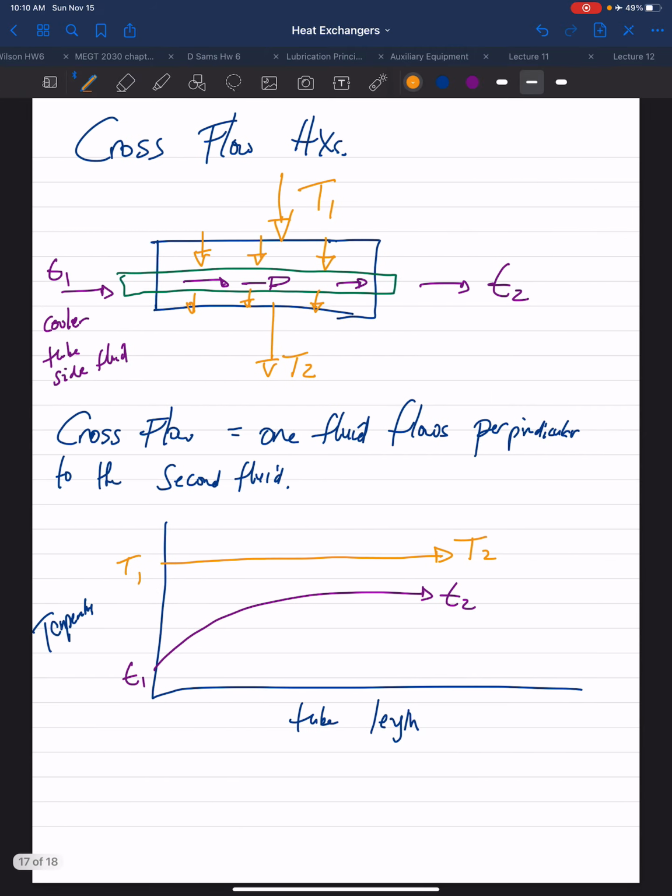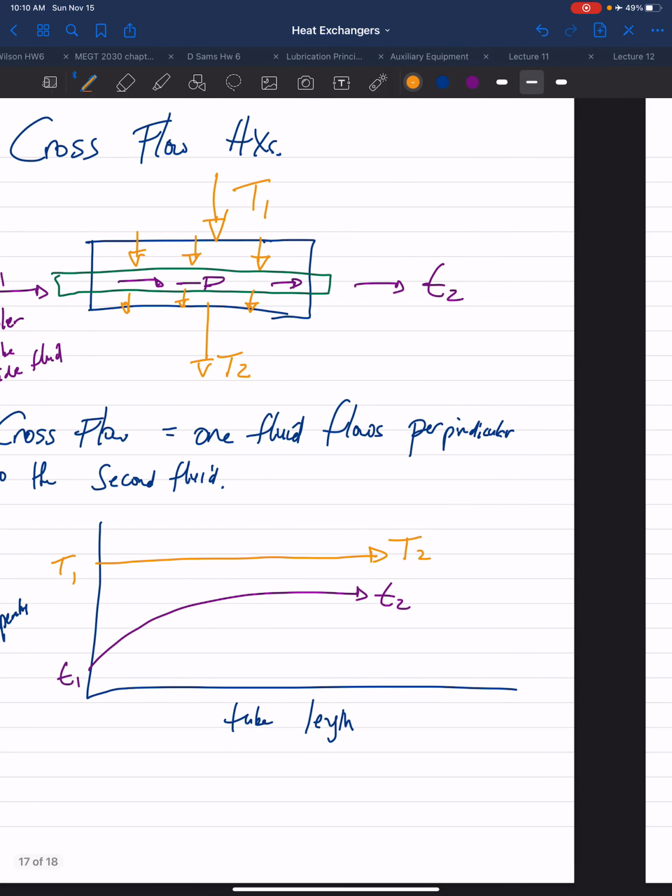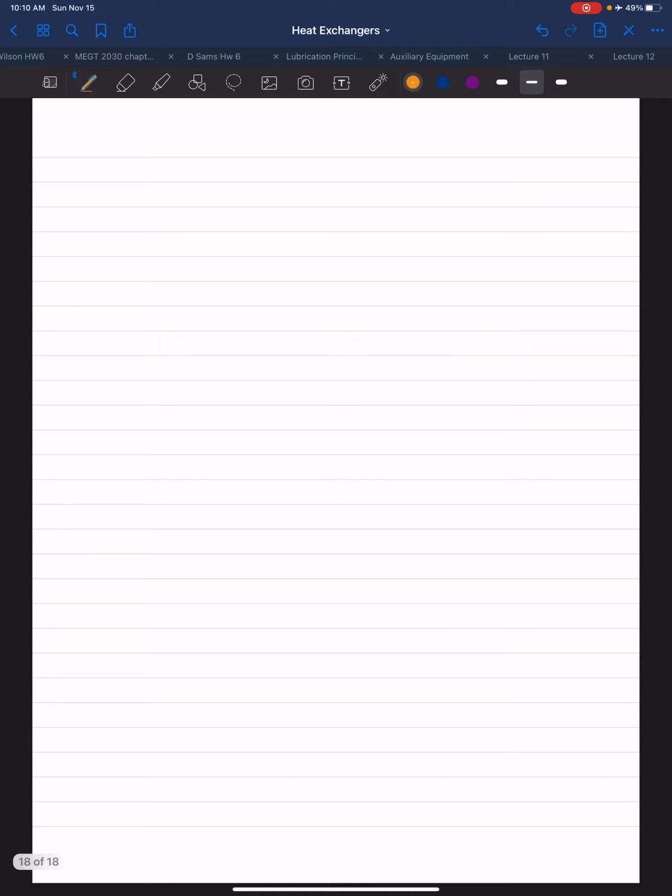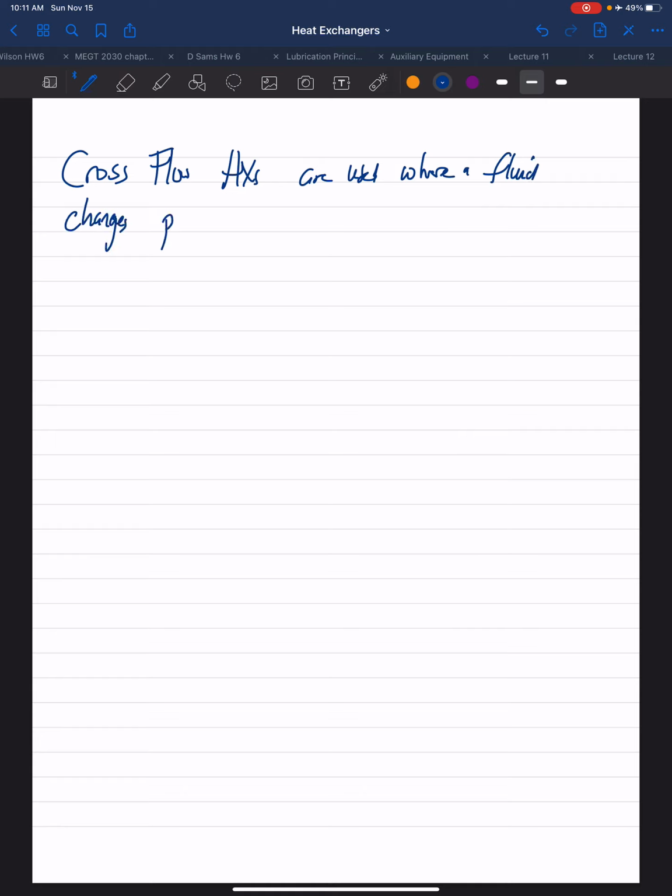And the question may ask, well, why isn't the shell side temperature changing? Typically, these cross flow heat exchangers are used where a fluid changes phase.